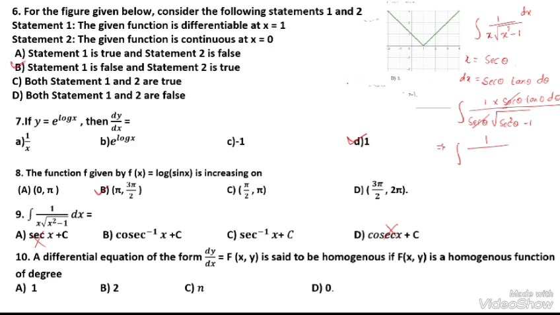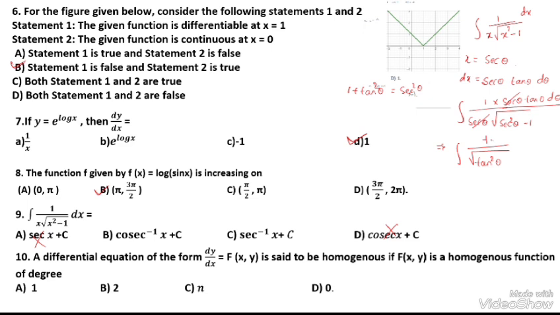We know the standard identity, that is 1 plus tan square theta is equal to sec square theta. Here we have sec square theta minus 1. Taking 1 on the right side, it becomes minus. So I can replace sec square theta minus 1 by tan square theta, that is root of tan square theta.